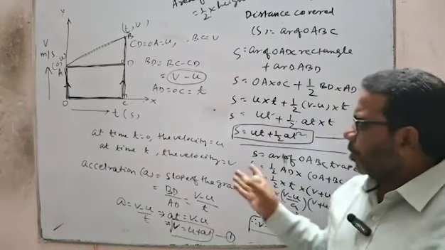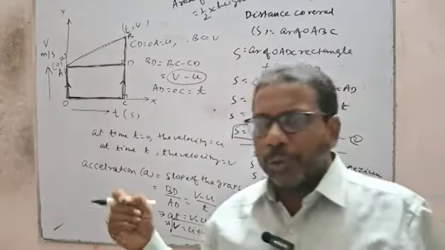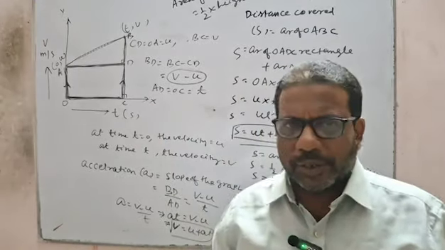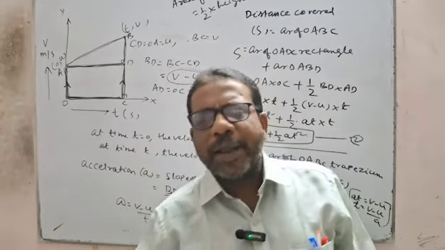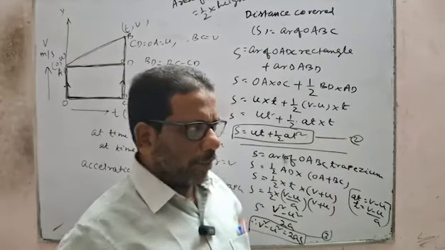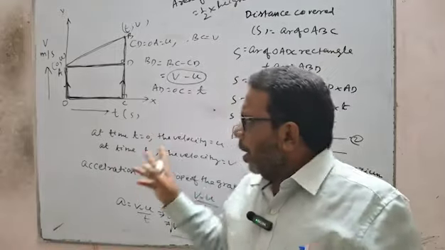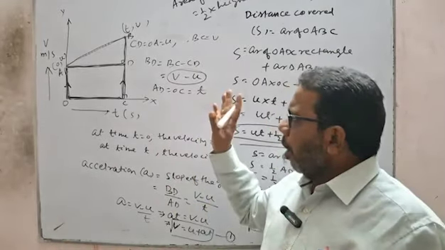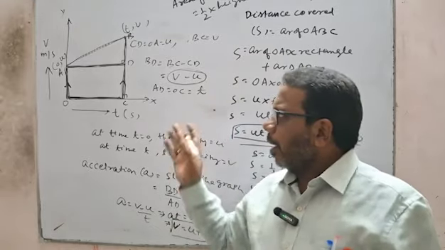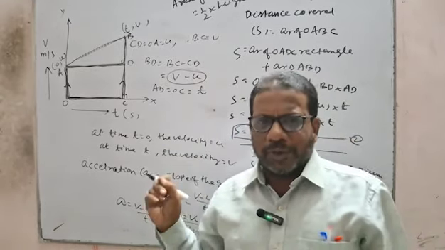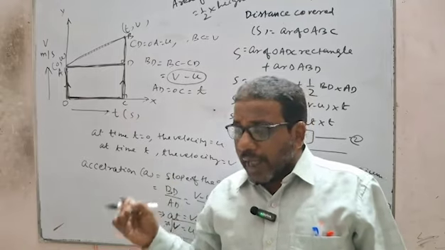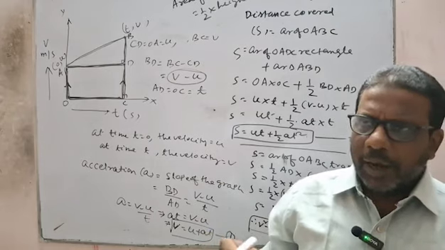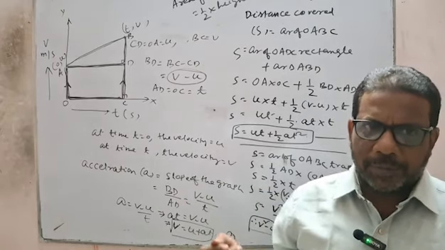This is all about how we can derive the equations of motion from the v-t graph. Now we know all the theories of the motion chapter. Now we will discuss some numericals in the next videos.